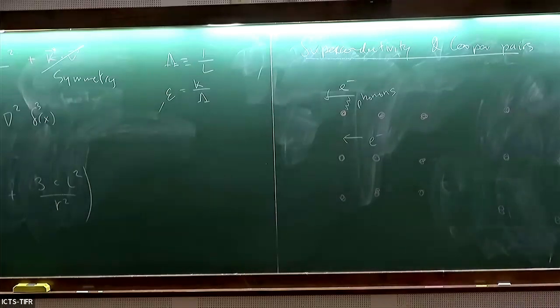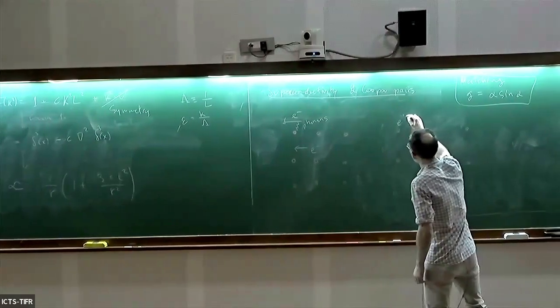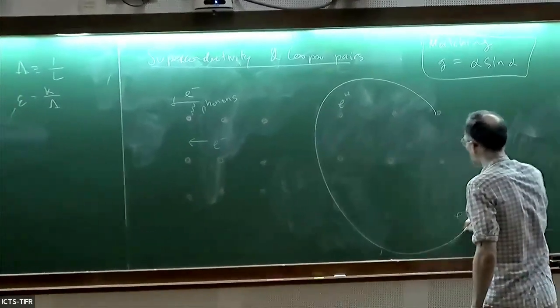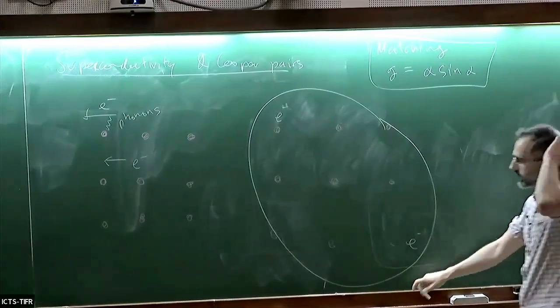And what happens after that instability has developed is that the theory is actually best described by Cooper pairs, which are a sort of bound system of two electrons that are bound together by the lattice interactions.